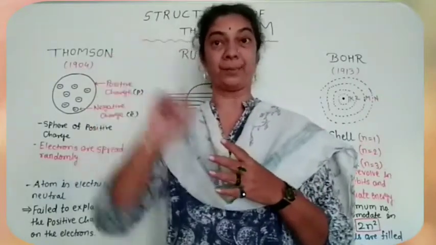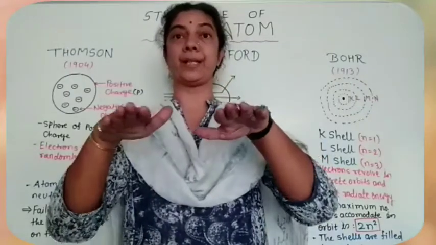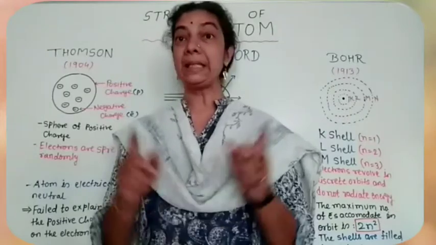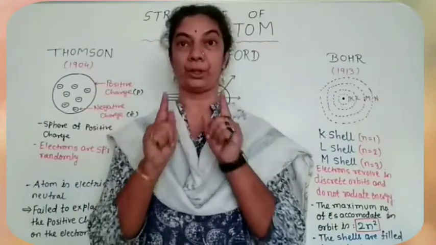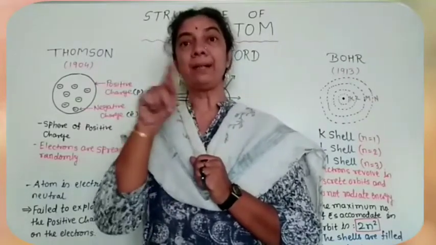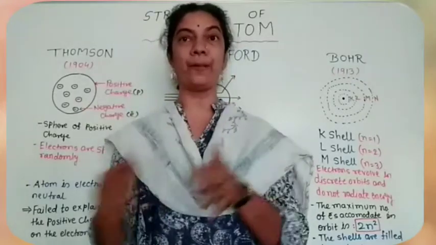This was the assumption. But most of the rays passed. This explains that the wall is not solid. It is like a fencing which has some gaps in between.